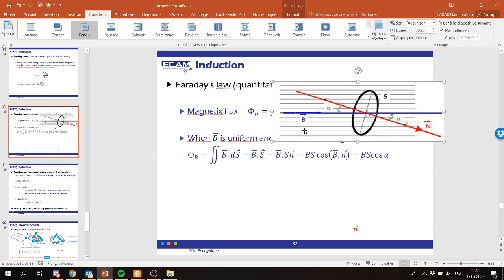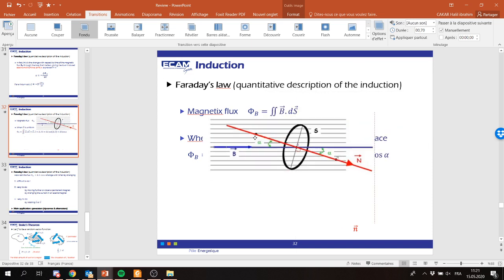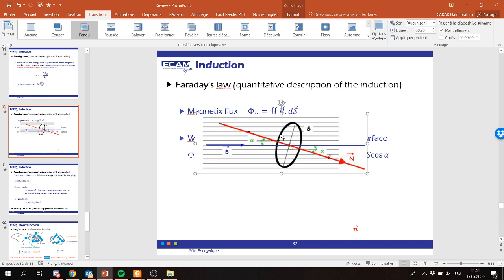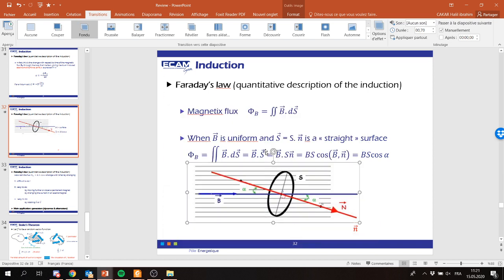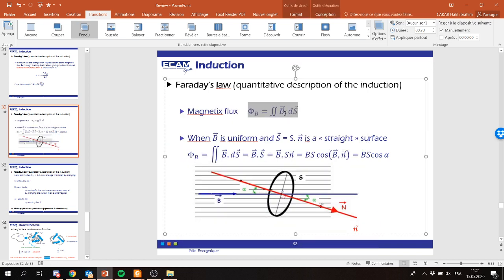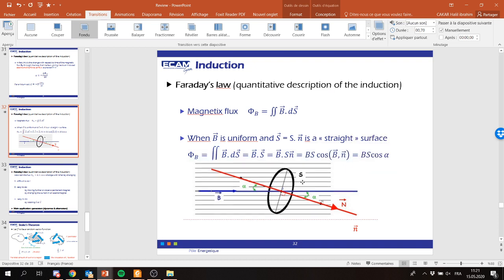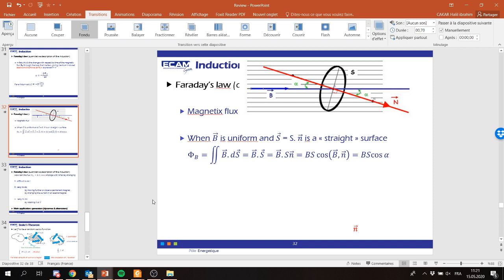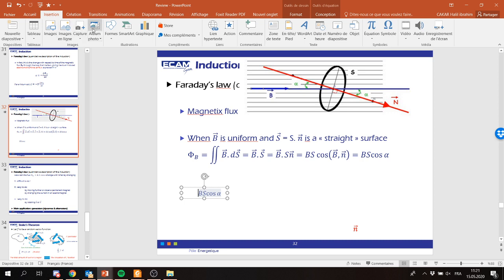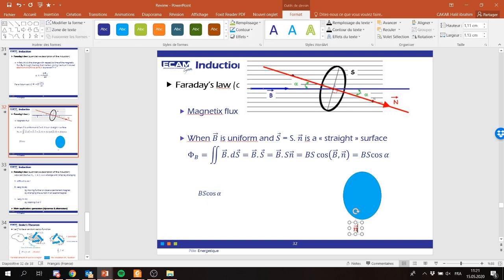So imagine the case, or maybe I can take it directly, this one, cosine theta. So when the n vector is just like this, maybe it's better if I use a representation.